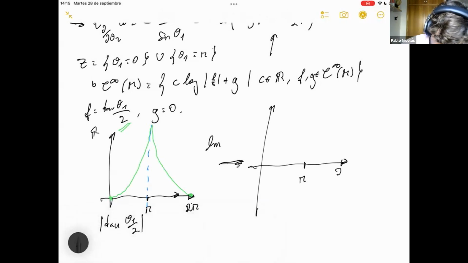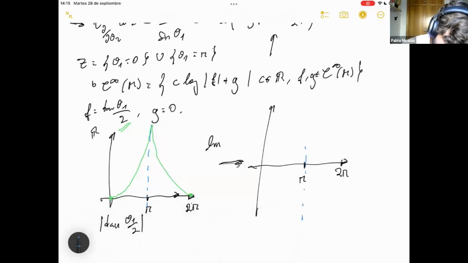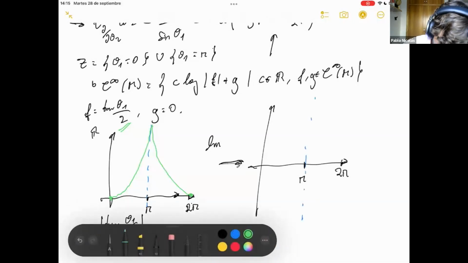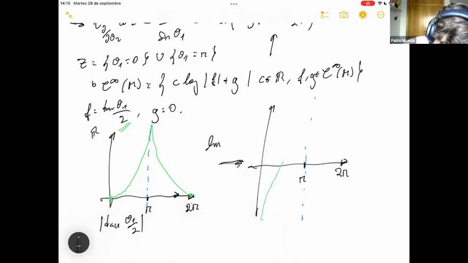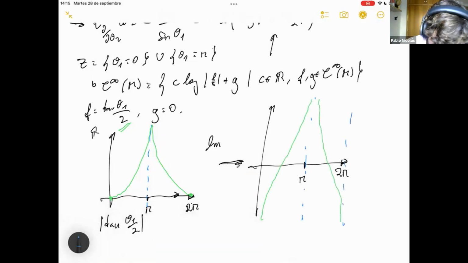Well, this would be 2 pi. We'd have this here, and this would go to minus infinity. I don't know quite the shape. Something like this, maybe. And at 2 pi, this would also explode because at 2 pi the function was 0. This is basically the shape it has as a dependence on θ1.